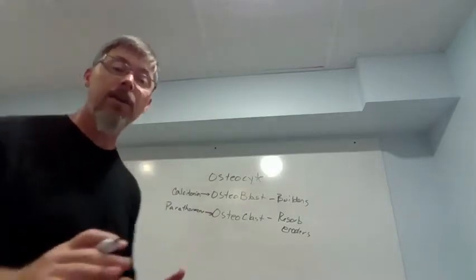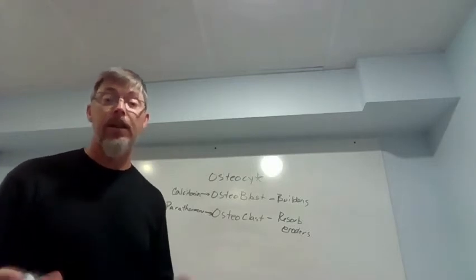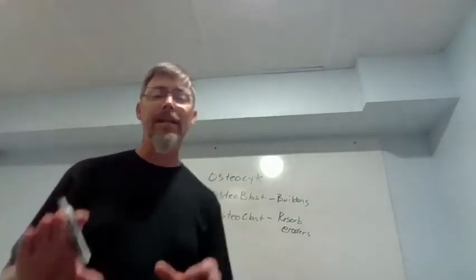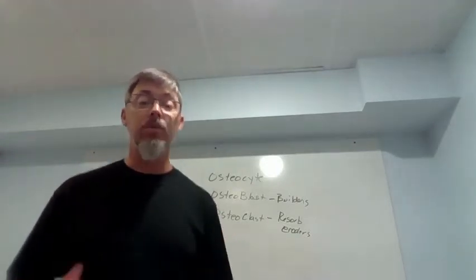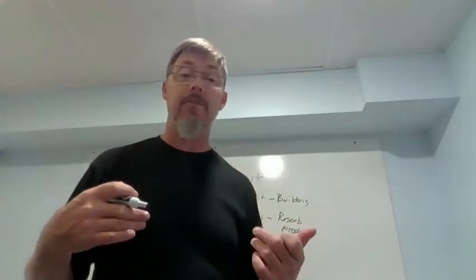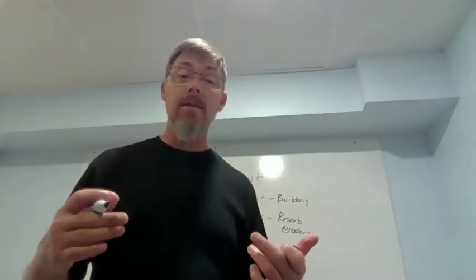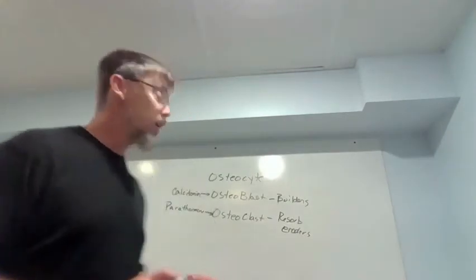See, calcitonin stimulates the activity of osteoblasts. What it's really doing is reacting to the calcium levels in your bloodstream. When your calcium levels get too high because you just ate something that has a lot of calcium in it, your body secretes, and we'll learn in the endocrine system where it comes from, a hormone called calcitonin.